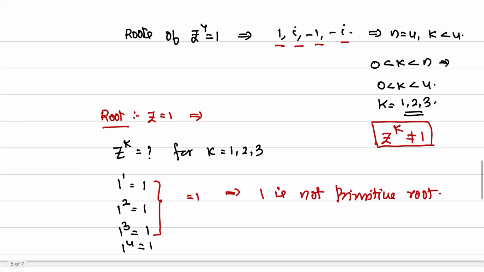second case is, what is the other root? Z is equal to i. We will do it again. Z is equal to i. This is the second root. Z is equal to 1 was the first root. For this, k is equal to 1, 2, 3 and we have to find out z to the power of k.